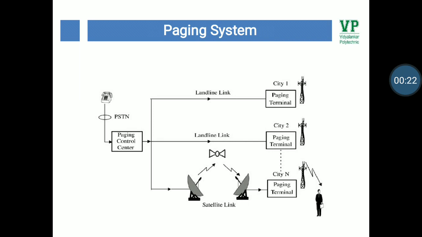Paging system. Figure shows block schematic of wide area paging system. It consists of telephone line networks, a large number of paging terminals and transmission towers, satellite links, and paging control center.